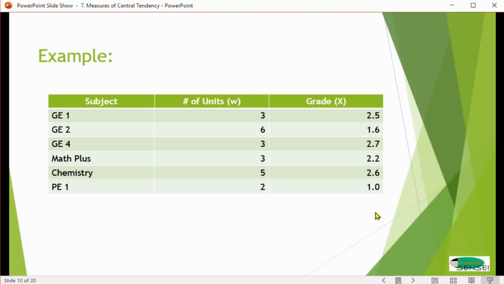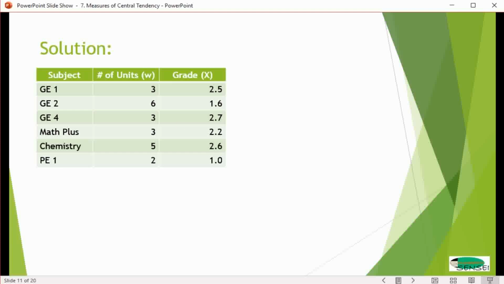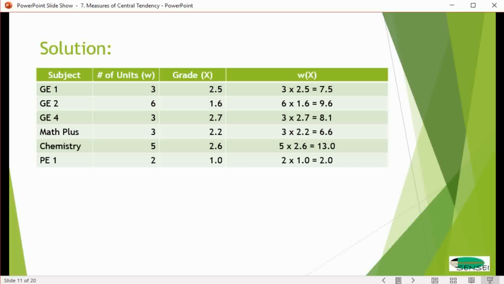Suppose this is what we would like to compute for our general weighted average. Then first, we have the column W here and column X. We multiply W and X together for our next column.